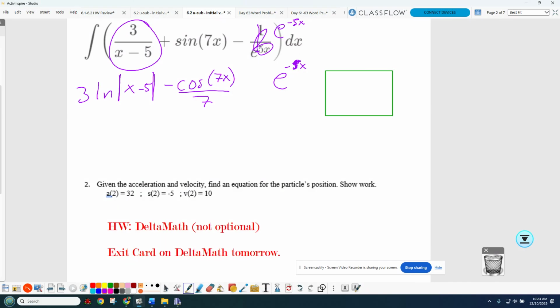So she had a great idea and said, I made it e to the negative 5x, because the derivative or integral of e to the stuff is e to the stuff, but we're integrating, so she divided by the derivative of the stuff, and I'm going to take that negative 5 and the negative that was there already, make it a plus, and then I'm forgetting one more thing. Plus C. Cool. Integration.